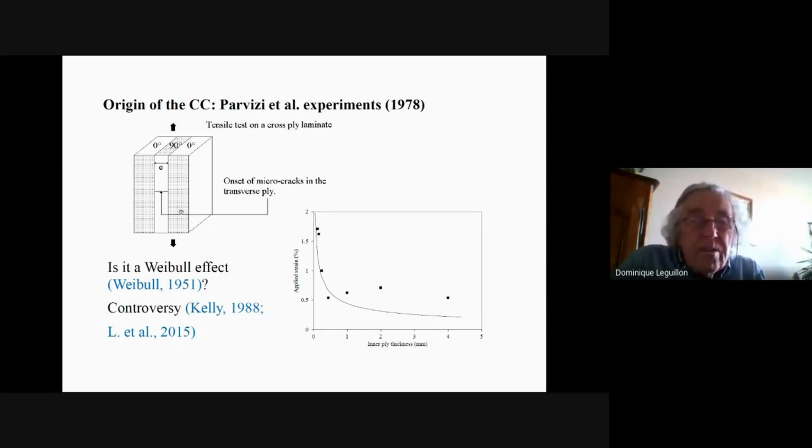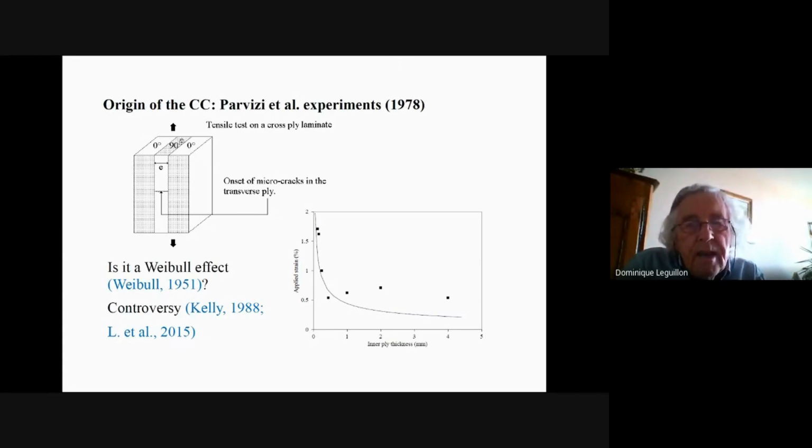The first origin is these experiments by Parvizi and co-workers in England in '78. It's a cross-ply glass fiber reinforced polymer. You have outer plies here at what is called 0 degree, which means the fibers are parallel to the load.